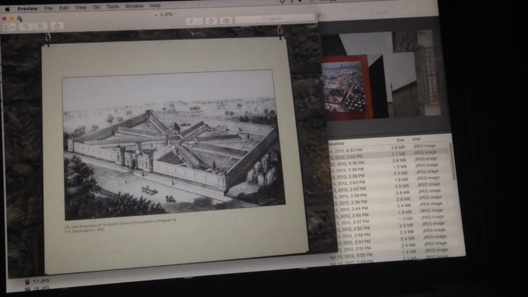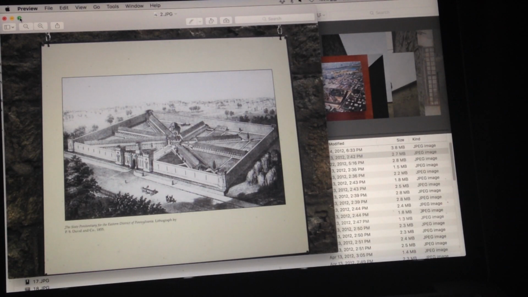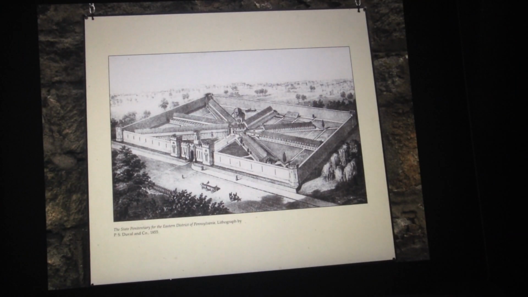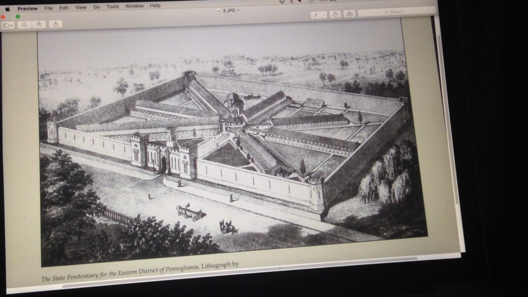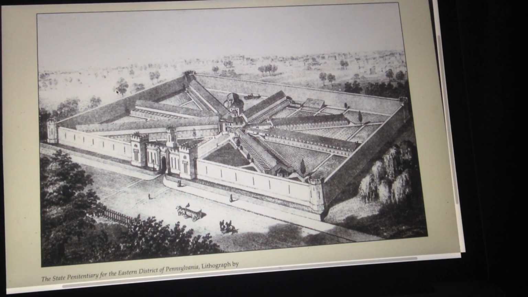Now we see an image, a lithograph in the 1850s. This gives you an idea of how it quickly evolved from the 1920s and 30s.